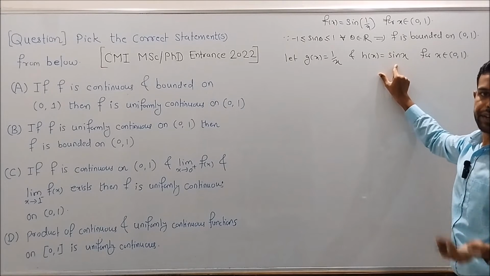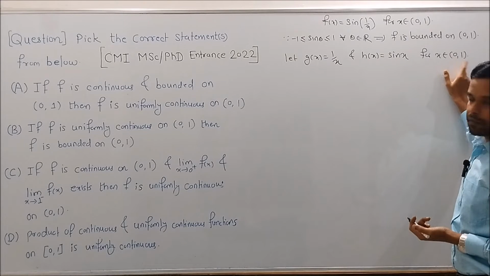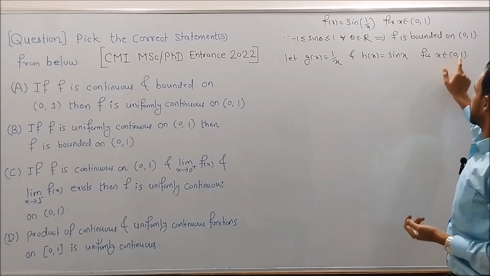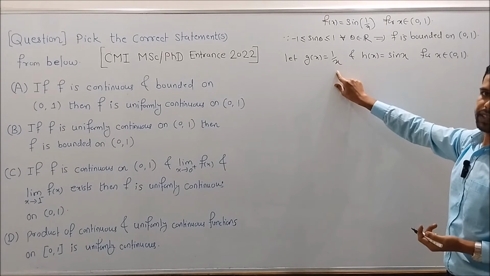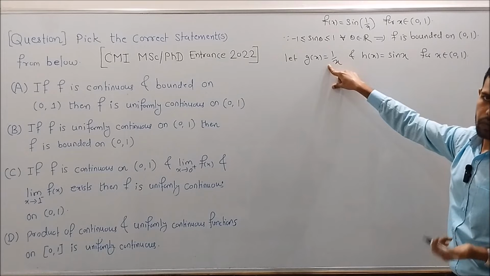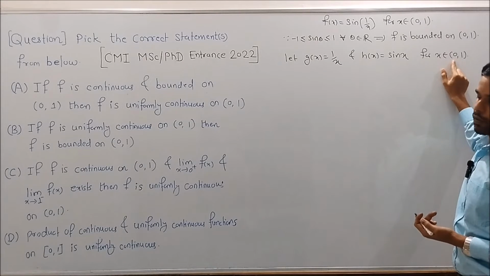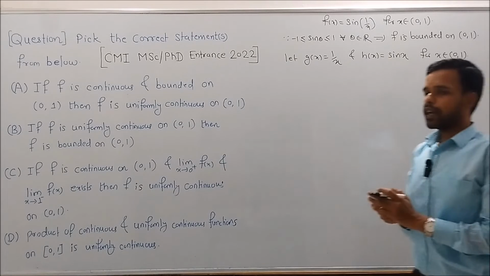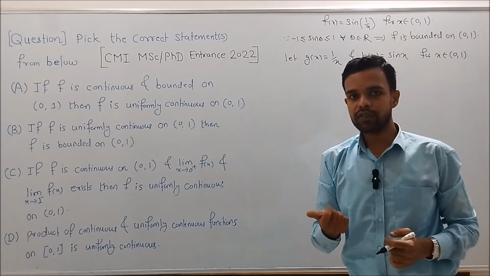Both functions have continuous graphs. Here in this interval 0 is not included, so there is no problem for the function 1/x. It is also continuous on (0, 1), and the sine function is also continuous on (0, 1). And we know that the composition of continuous functions is again a continuous function.